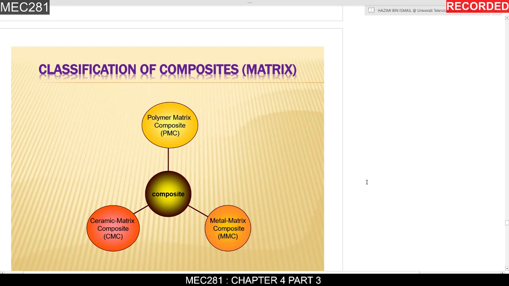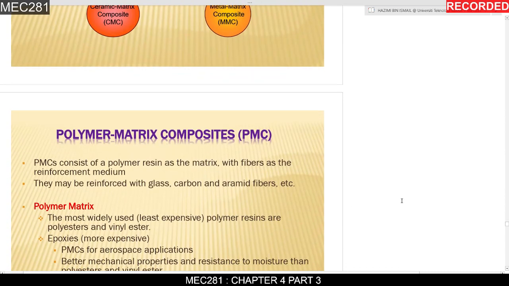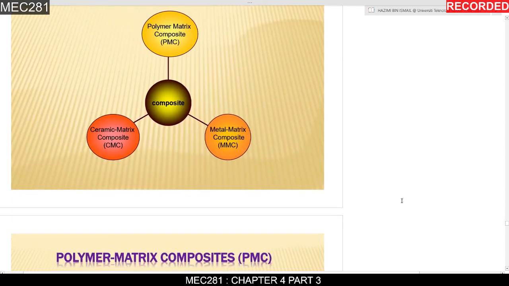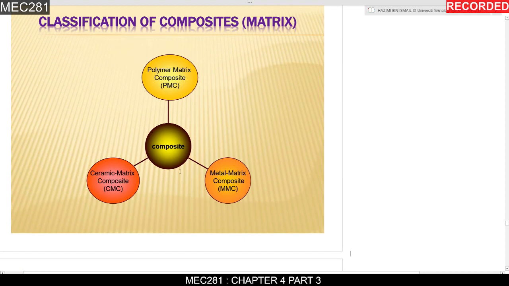So we have 3 types: PMC, polymer matrix composite; ceramic matrix composite, CMC; and also metal matrix composite, MMC. The main difference between the 3 types of PMC, CMC, and MMC is the material of the matrix that is used to form the composite material.